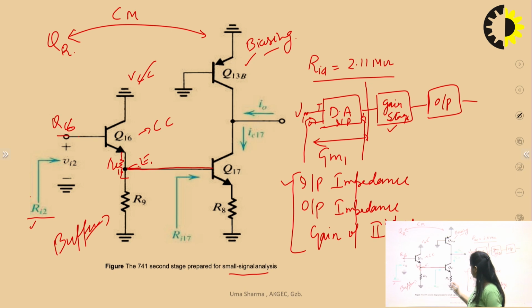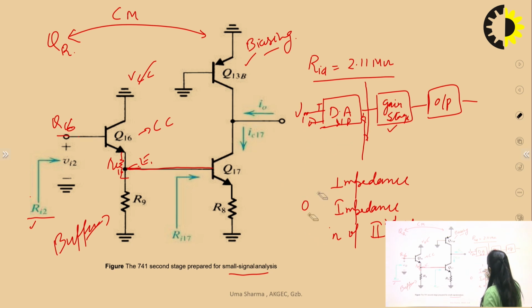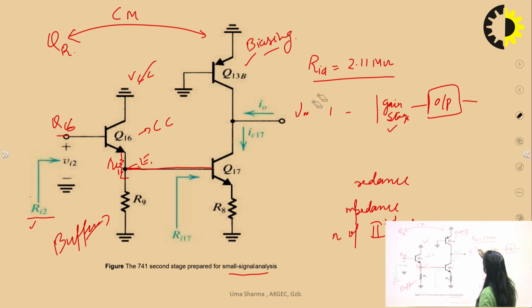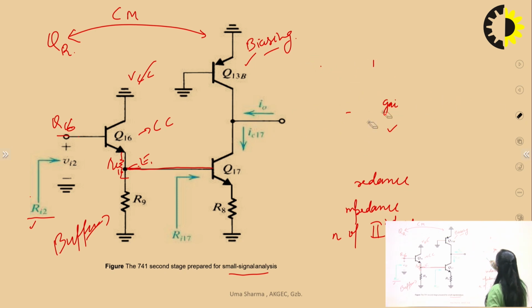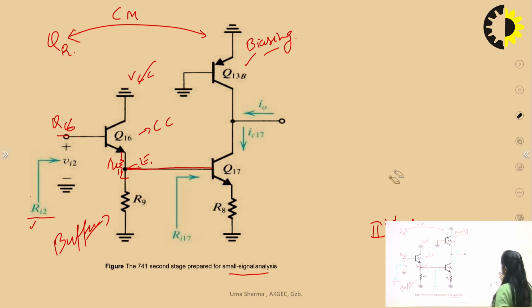So let's say the value of emitter small signal resistance at the emitter of Q17 is Re17. Then we can easily calculate the value of Ri17.